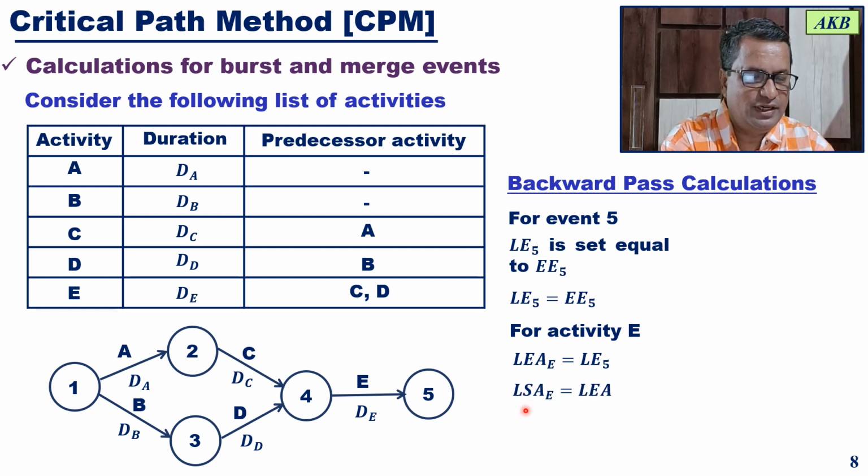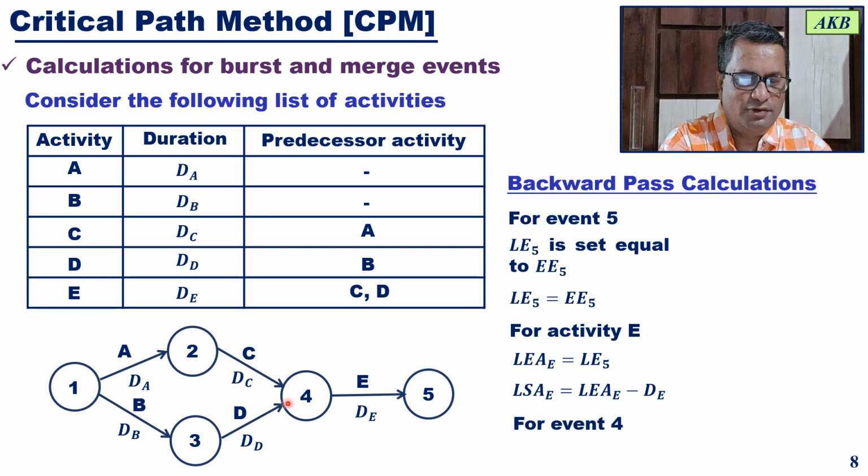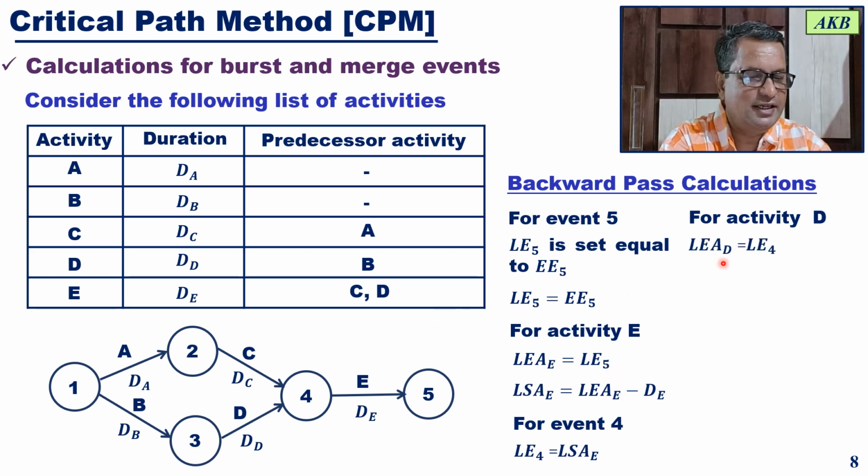From this you find the latest start time for activity E, which is the latest end time for activity E minus the duration of activity E. Then for event 4, the latest event time for event 4 is equal to the latest start time for activity E. After that, for activity D, again these two calculations: the latest end time for activity D will be the latest event time for event 4, and the latest start time for activity D will be equal to the latest end time for activity D minus the duration of activity D.